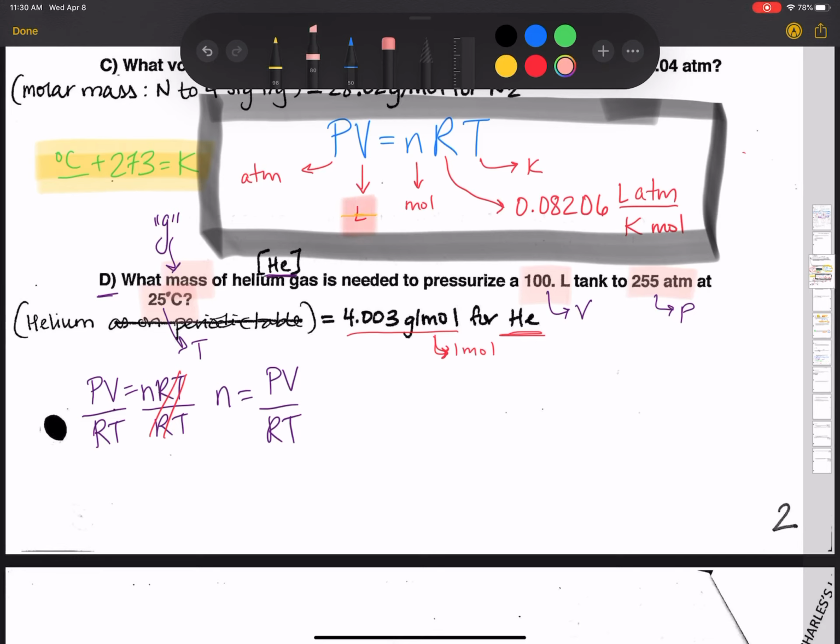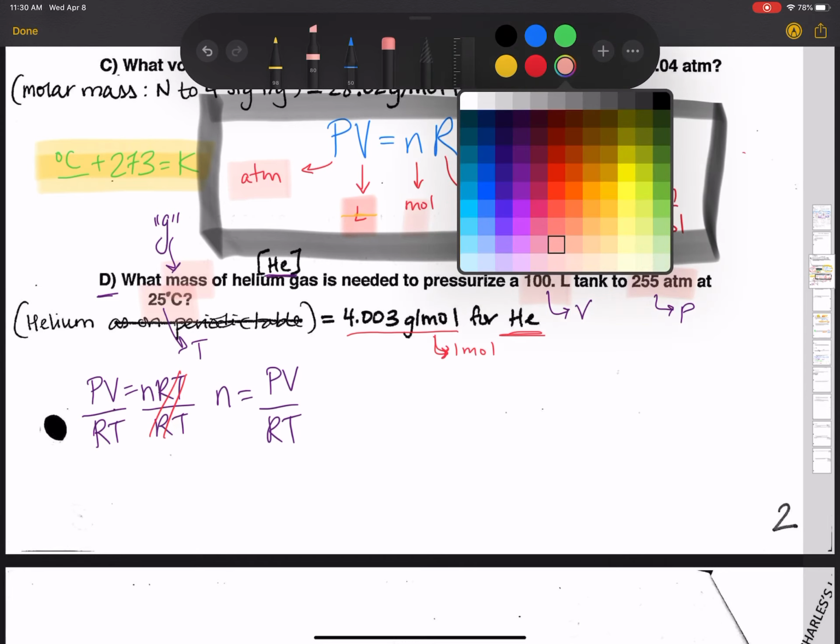Our pressure was given to us in ATM. That works because our pressure for ideal gas law must be in ATM. Our temperature was given to us in Celsius, so we're going to have to convert that to Kelvin, and we're solving for moles. And of course, R is just a constant, so there's no issue there.